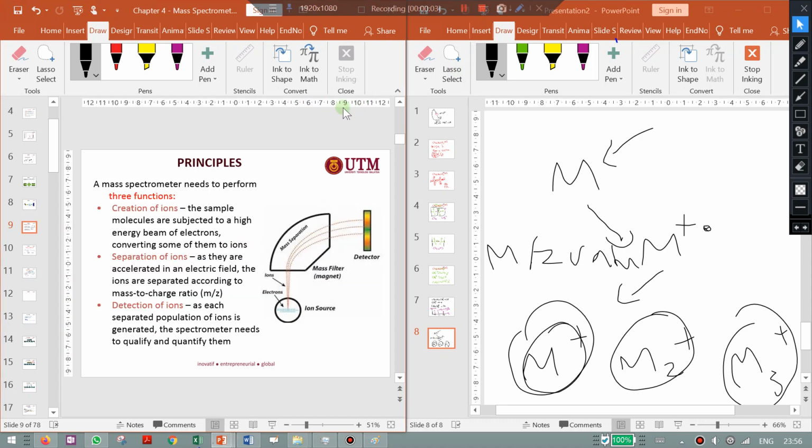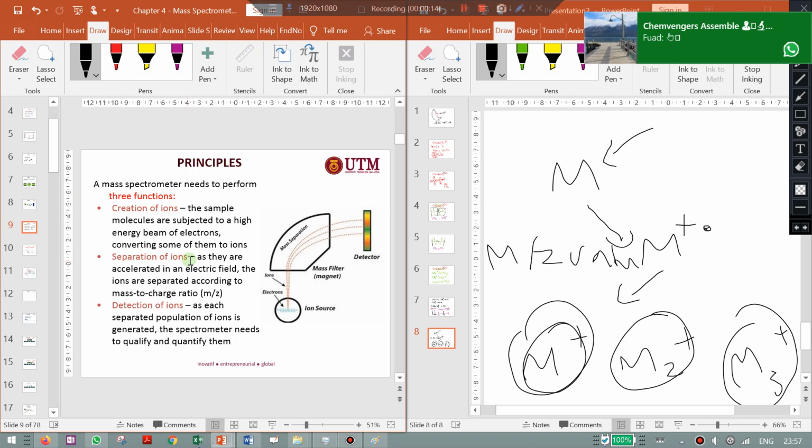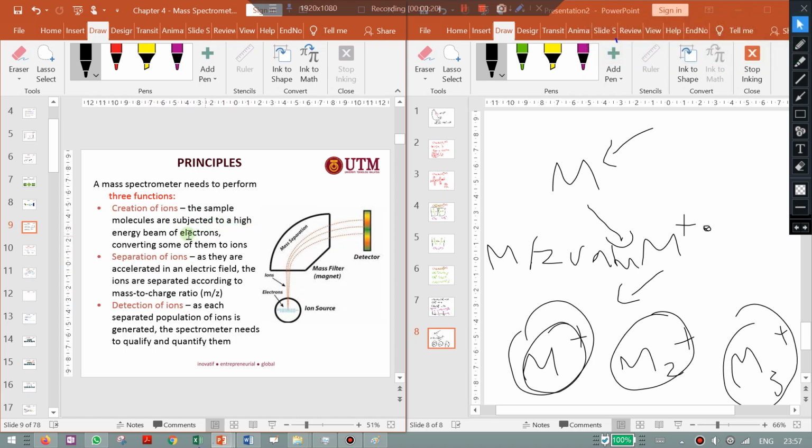Alright, in this slide, a mass spectrometer needs to perform three functions: creation of ions, which we call generation, separation of ions, and detection of ions. In creation of ions, the sample molecules are subjected to a high energy beam of electrons, converting some of them to ions. So we bombard the molecule with electrons in the ionization process, then we produce ions.